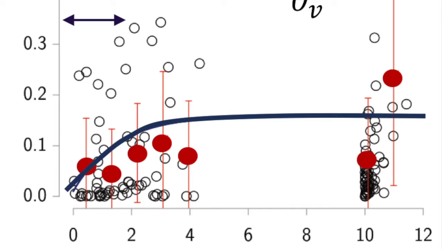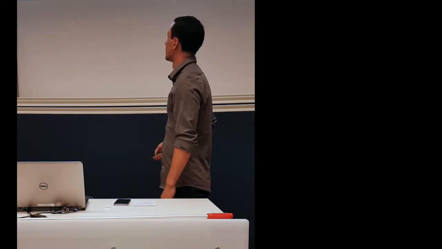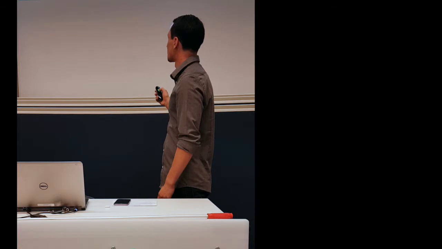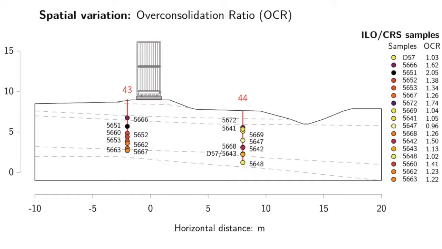There might actually be trends as well. For instance, if you wouldn't take OCR, preconsolidation pressure has higher values as a function of depth. So that's a trend you would have to remove from the data. OCR is thankfully a bit easier to handle because it's a ratio, so it's more normally distributed. So that's one assumption you have to make, that data has to be normally distributed and also stationary.